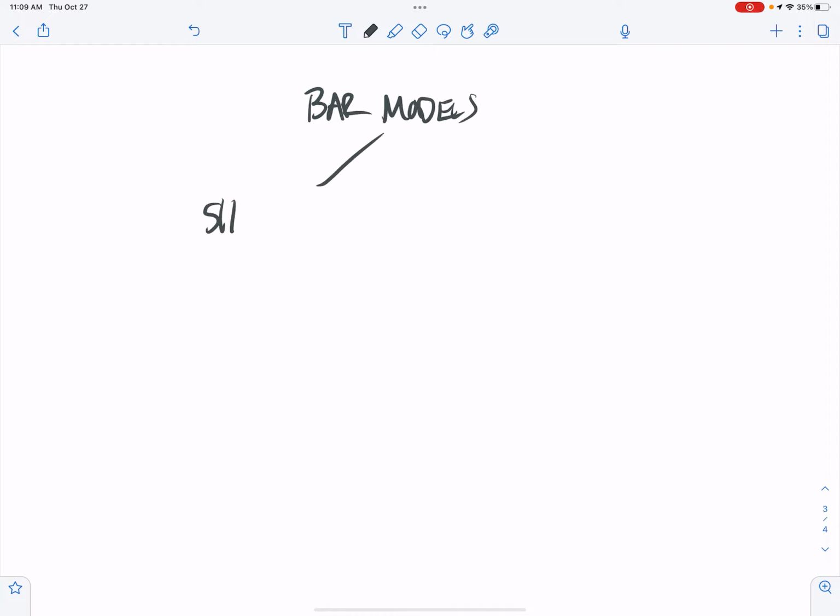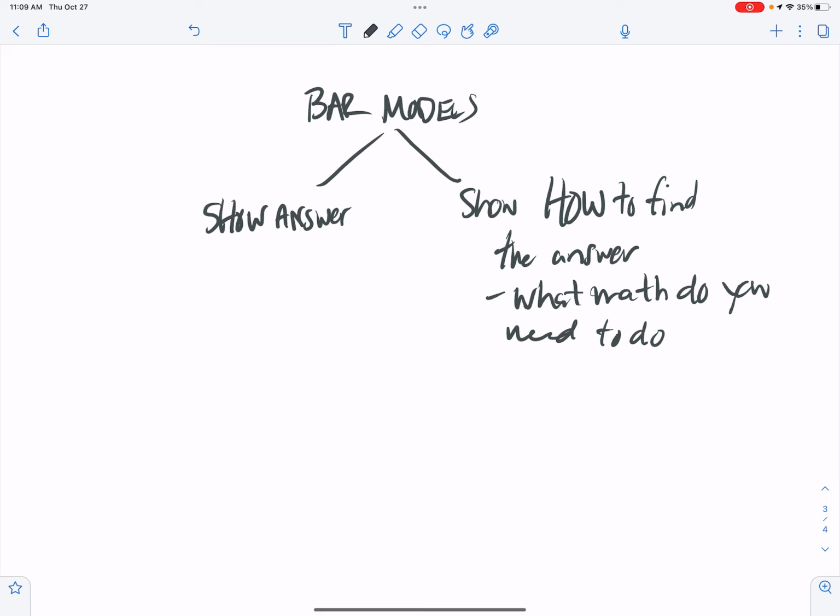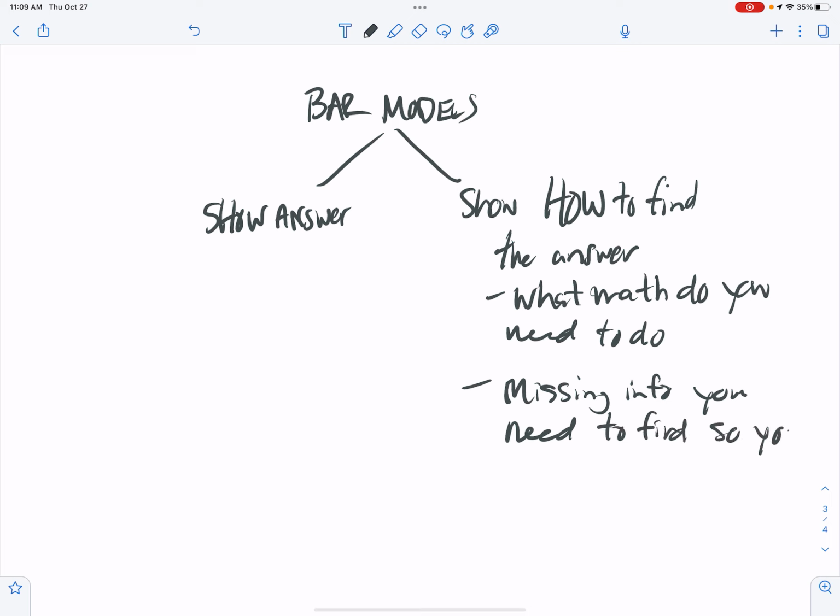They can either show you the answer, or they can show you how to find the answer. They clue you into what math you need to do, or they clue you into the missing info you need to find so you can answer the problem.